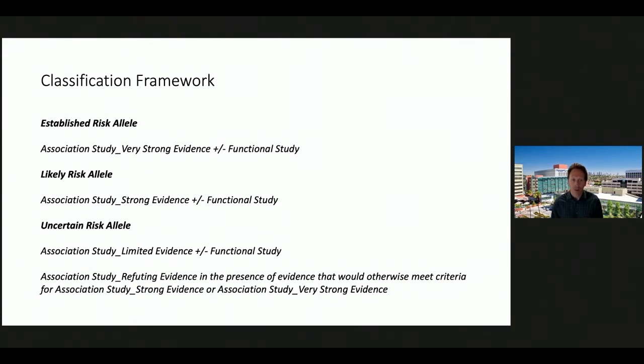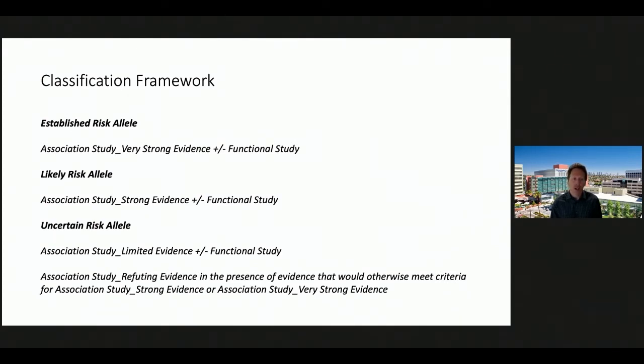It's almost simple relative to how we put things together for the high penetrance variants. But if you have very strong association study evidence, you're an established risk allele. You may or may not have the functional evidence, but the functional evidence alone is just supporting, and it doesn't change the classification tier.